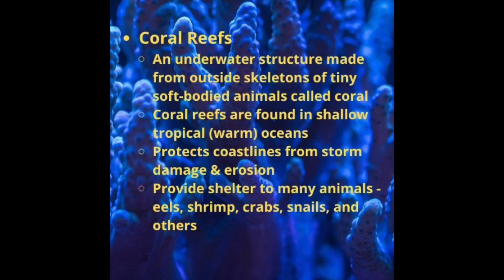The coral reefs are actually used to protect coastlines from storm damage and erosion that could happen. They also provide shelter to many animals like eels and shrimp and crabs and snails and other small fish. If you have ever watched Finding Nemo or Finding Dory, then you should be familiar with these coral reefs that are found there in the movie.